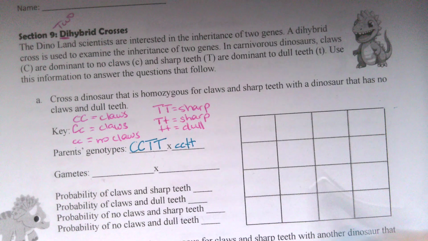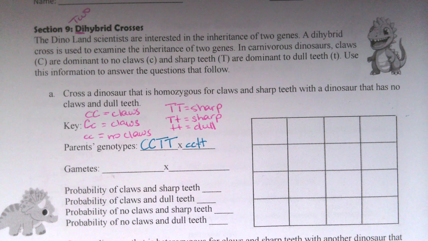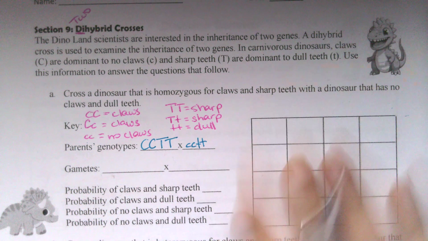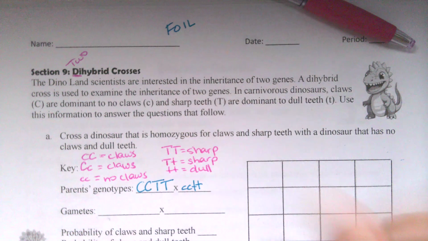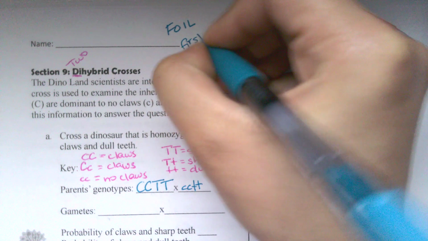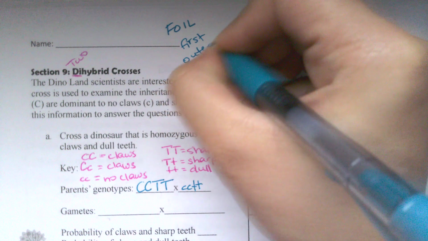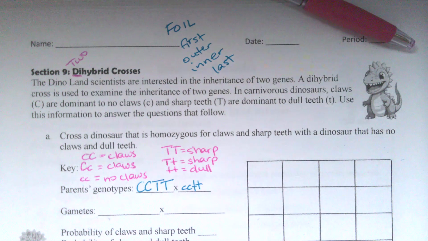Okay, think meiosis. So we use something called the FOIL method, and I'll put that up here. FOIL, okay, stands for first, outer, inner, and then last.